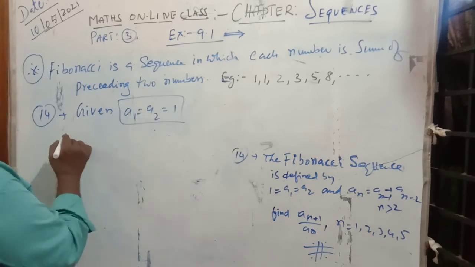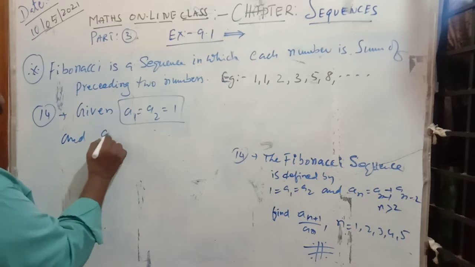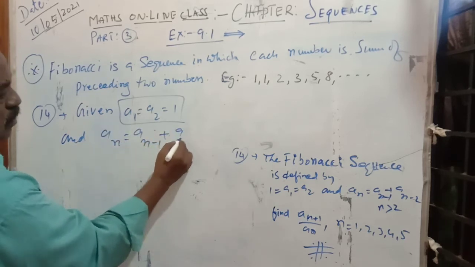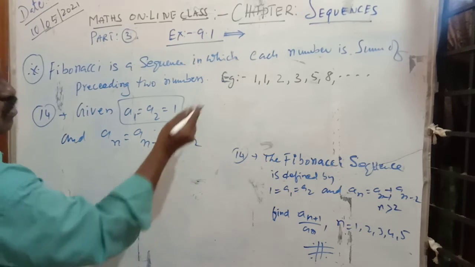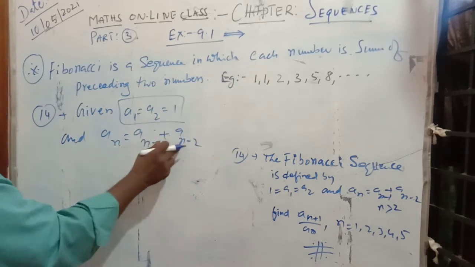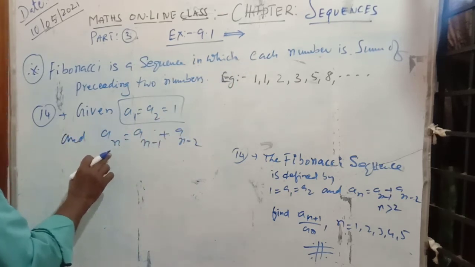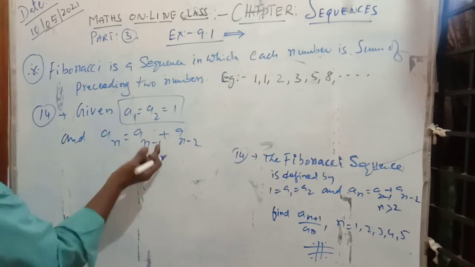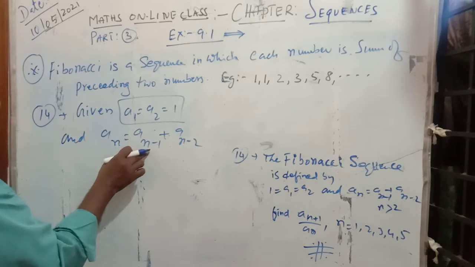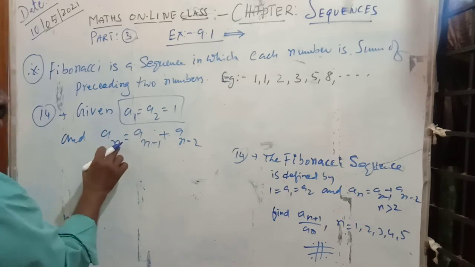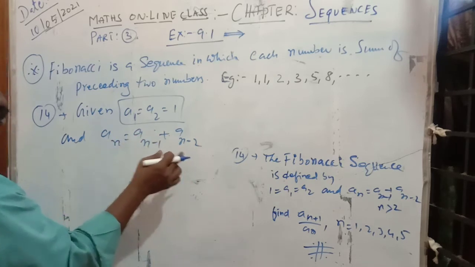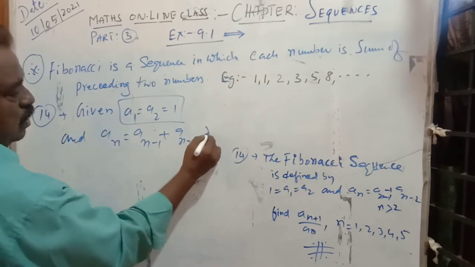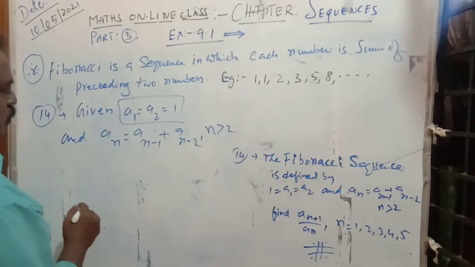And we are given again a_n is equal to a_(n-1) plus a_(n-2). The same. Each and every term can be obtained by summing the previous term and the one before that, n minus 1, n minus 2. Here n greater than 2 is given.